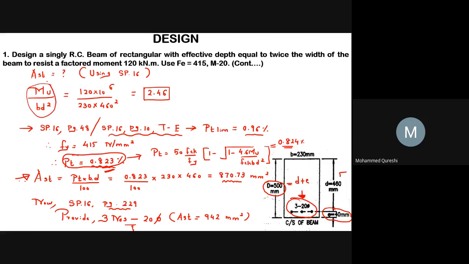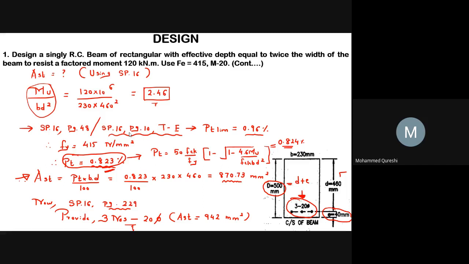So after inputting all the values of Mu, b and d, you will get one value as 2.46, and you may use SP16 page number 48 or SP16 page 10 table E, or PT equals to 50 FCK by Fy into 1 minus under root of 1 minus 4.6 Mu upon FCK bd square. All these three values will be almost near to each other. So you may take any of the three values.